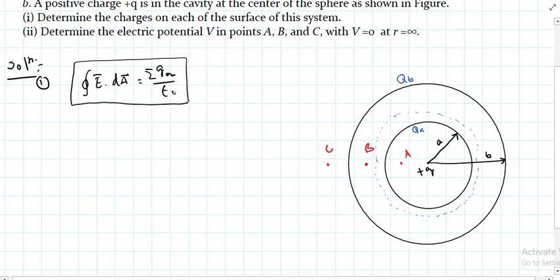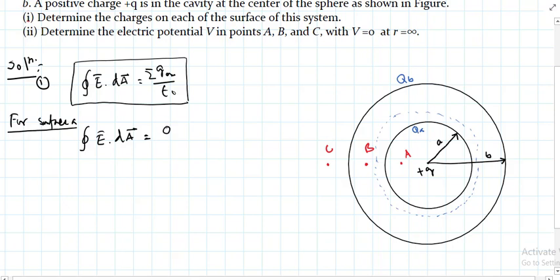Okay, for the first case, for surface a, we can write the closed integral of E dot dA. For the enclosed charge, the enclosed charge is going to be small q plus Qa.